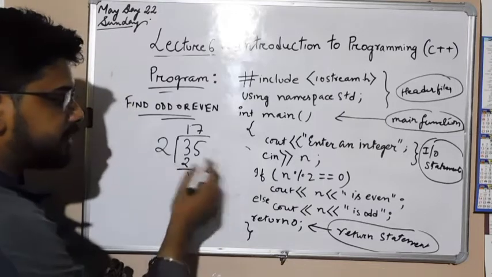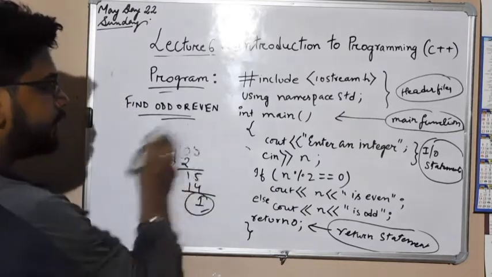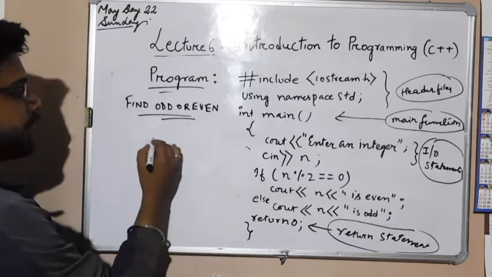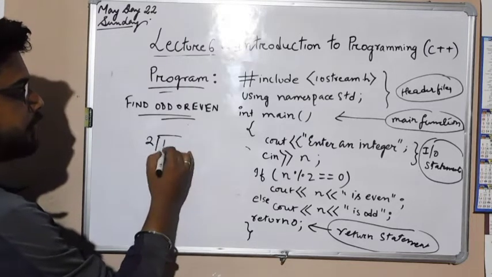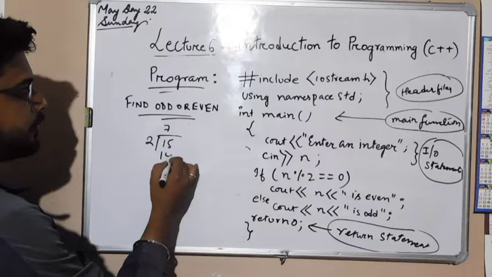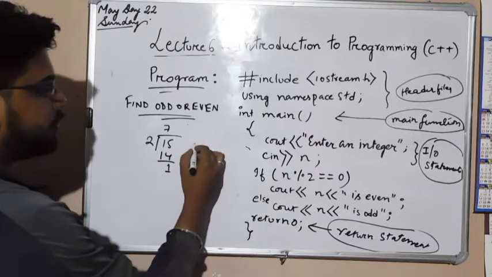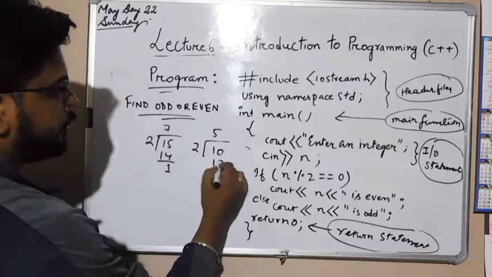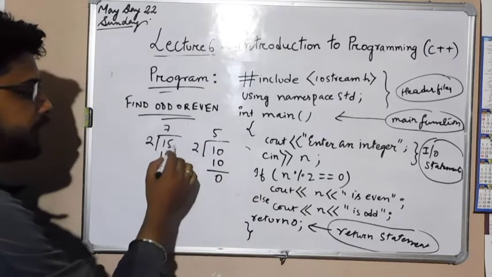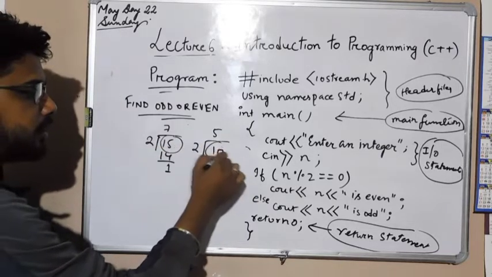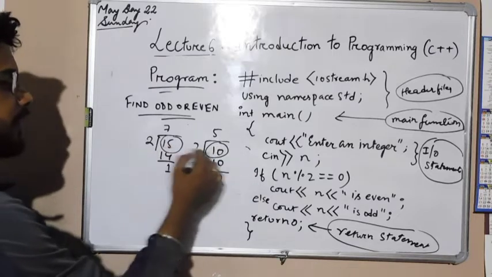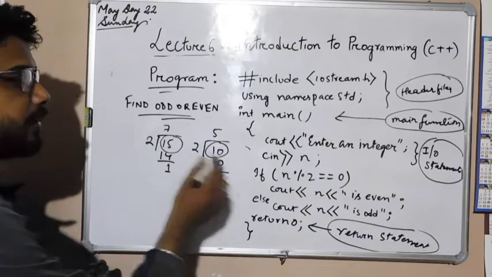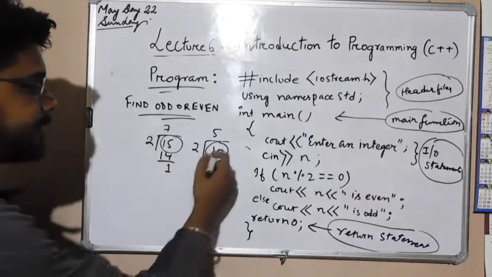As you have seen in both the cases, let me compare and show. 15 divided by 2: 2 7s are 14, remainder 1. And 10 divided by 2. These are the two numbers, 15 and 10. One of them is odd and the other is even.